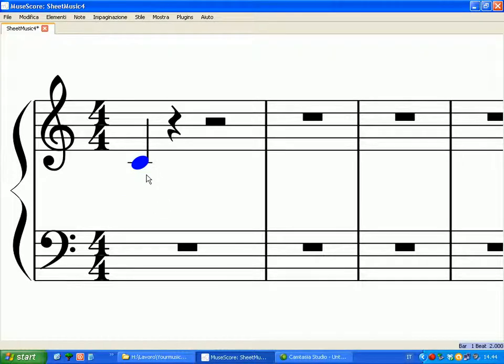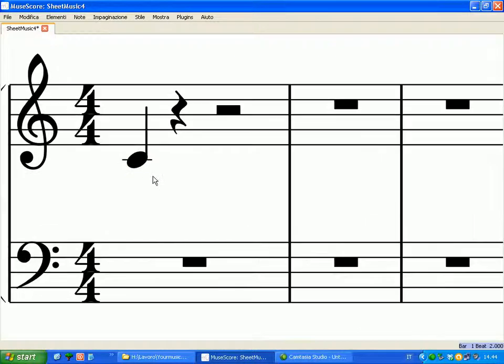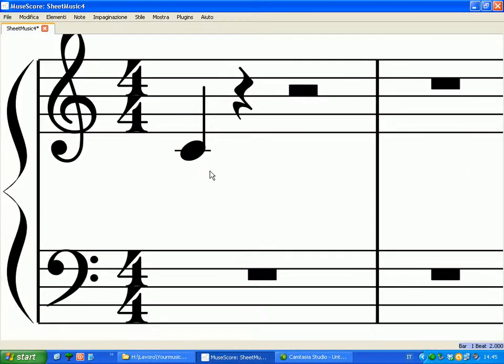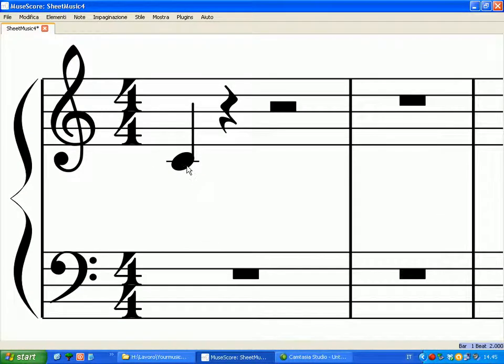So here we have our note, and as you can see, I write the note, so the black note, on the ledger line. So this is the way, and this other one, this little horizontal line, is the ledger line.